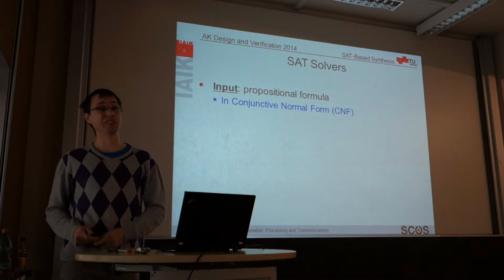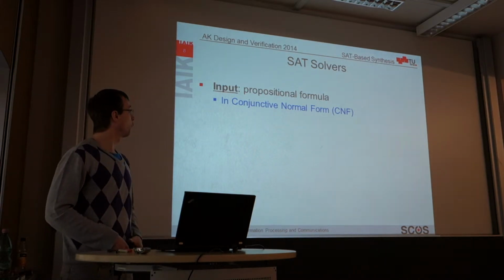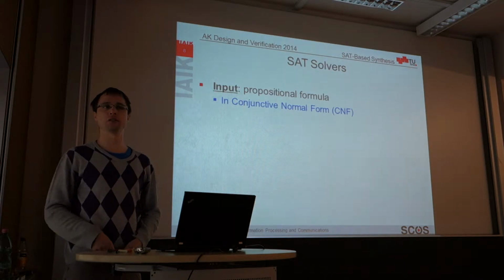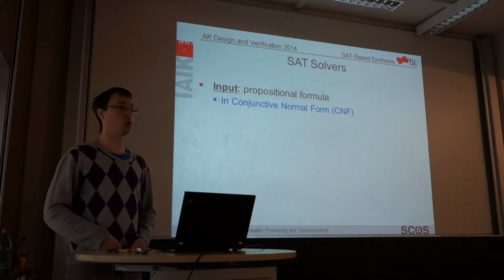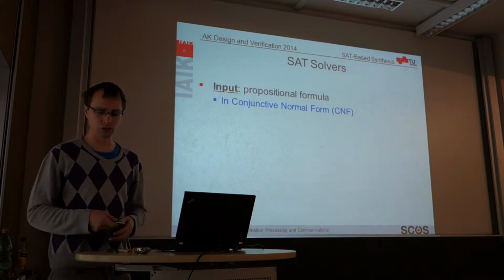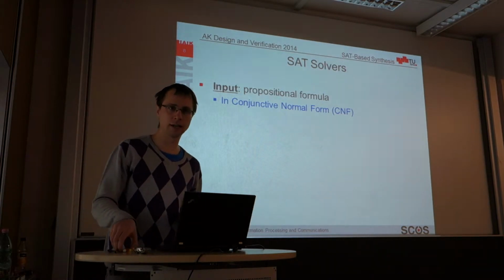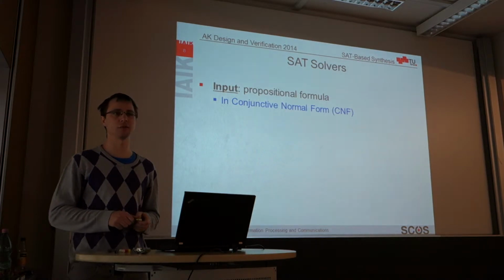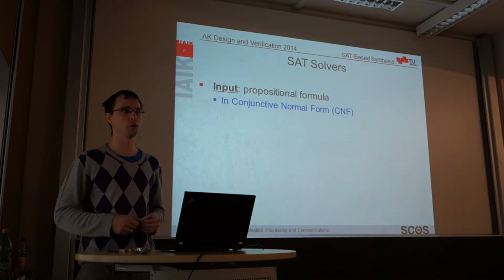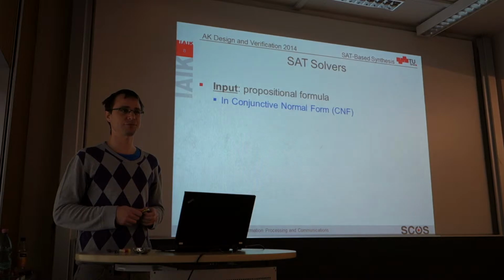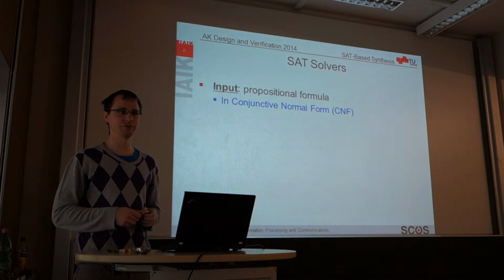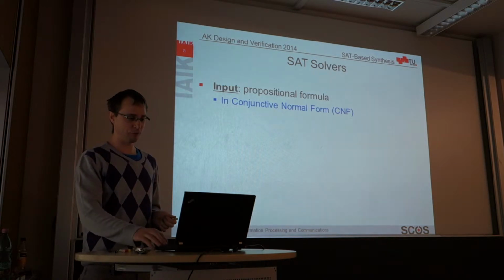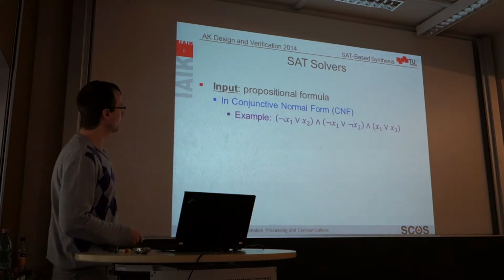And in addition to that, these propositional formulas must be given in so-called conjunctive normal form. You've already talked about this also last week. Does anybody recall what this means for a formula to be in conjunctive normal form? Yeah? We have a conjunction of disjunctions. Exactly. So, such formulas look like this.